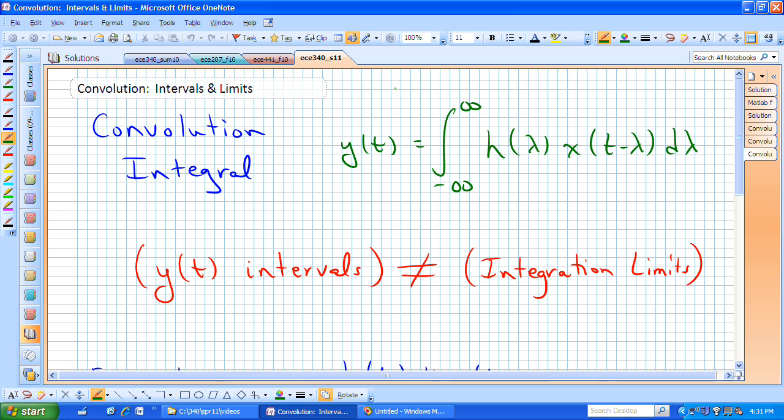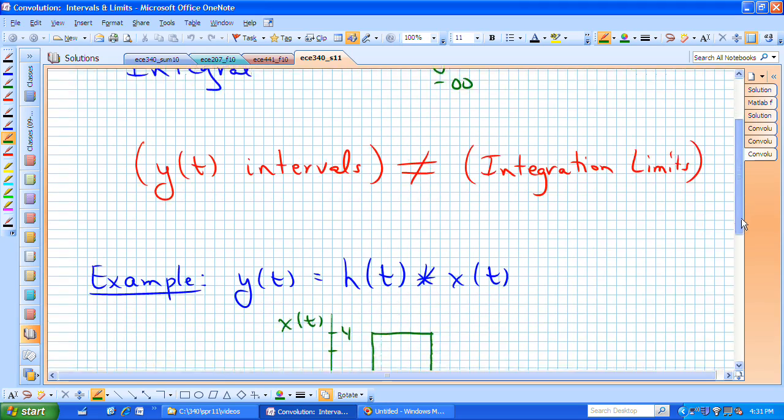I can't emphasize that enough. So you can't assume that the lower and upper limits of integration are going to be the same as the interval in time in which the y of t function or waveform is defined.